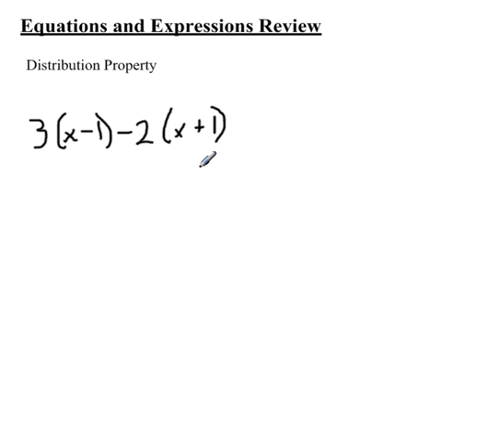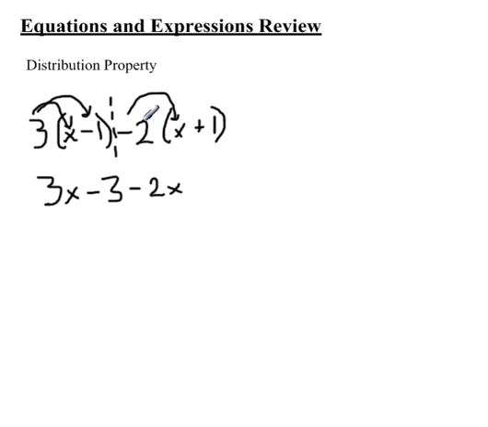There's a couple more steps, but the same process is applied. The first step is 3 times x, which is 3x. Your second step would be 3 times negative 1, which will give you negative 3. That gets you to right here in your problem. So now you follow that with negative 2 times x, which is negative 2x, just working left to right. And then finally negative 2 times a positive 1, which is a negative 2.